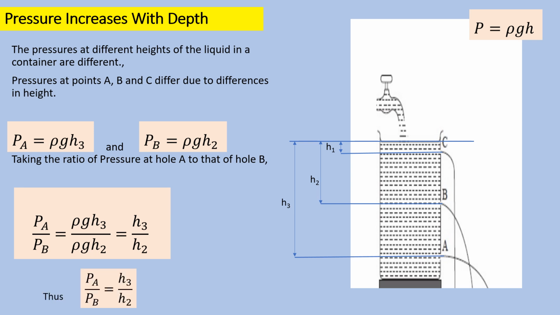So we can conclude that the ratio of PA to PB equals H3 to H2. That's a very important observation. You can just keep it in mind so that you better understand this.